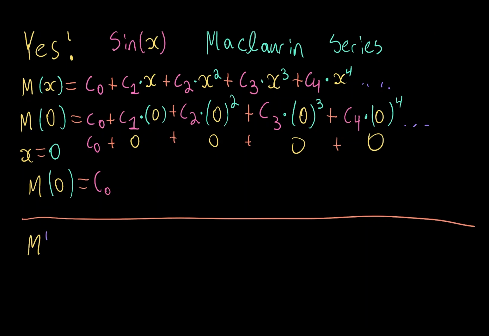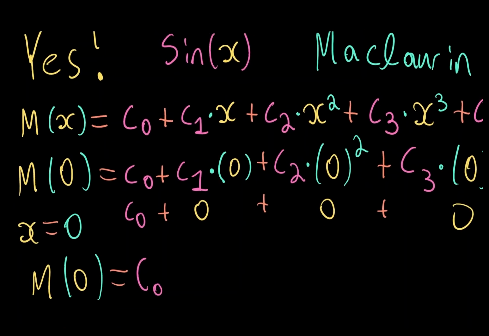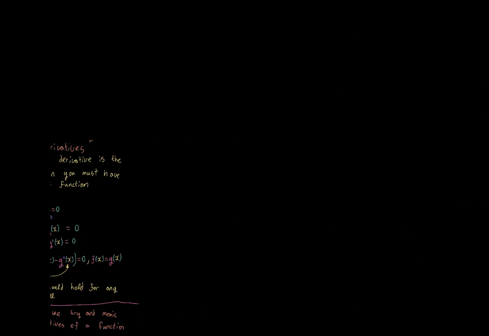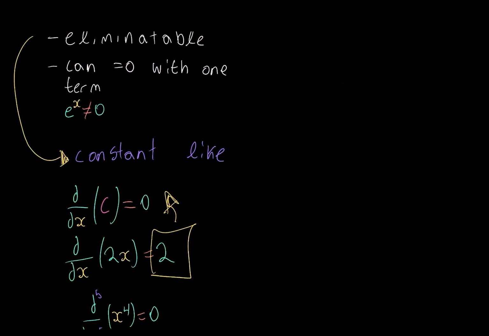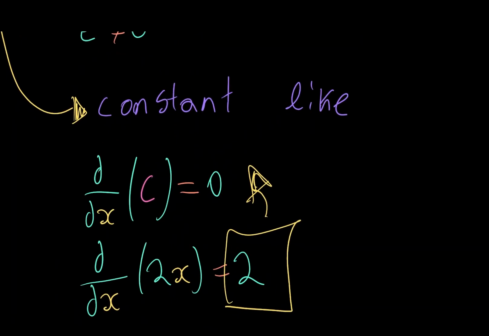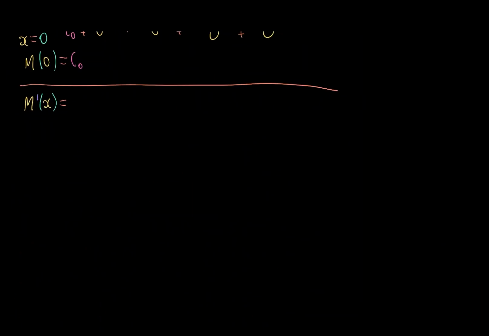M prime of x, let's use purple, is equal to, if we apply the power rule, you'll see that c0, as I set up here, the derivative of any constant will always collapse to 0.